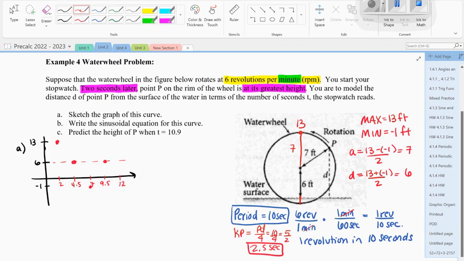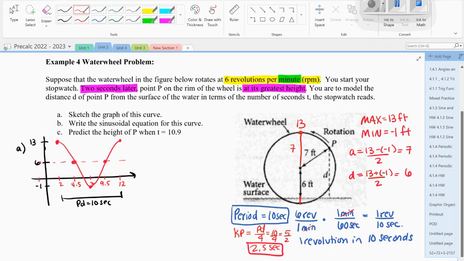And so then that would be at our maximum. So our wavelength for our graph looks like this. And you can see from 2 seconds to 12 seconds, that is the period, which is 10 seconds, because 12 minus 2 is 10. And you can see that our next key point, if we were to go backwards, so 2 minus 2.5, is negative 0.5.